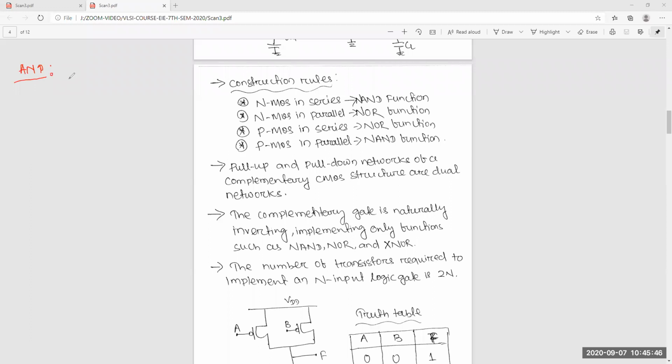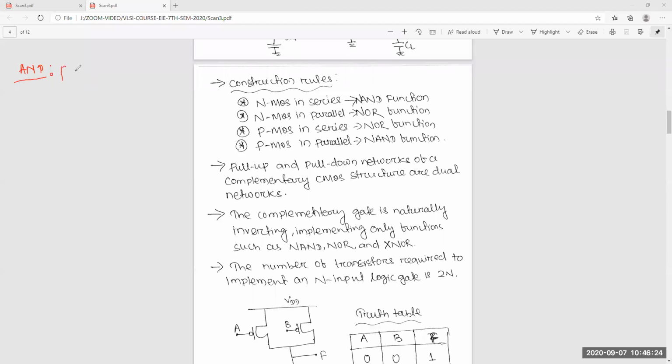First of all, say what is the function of AND gate?